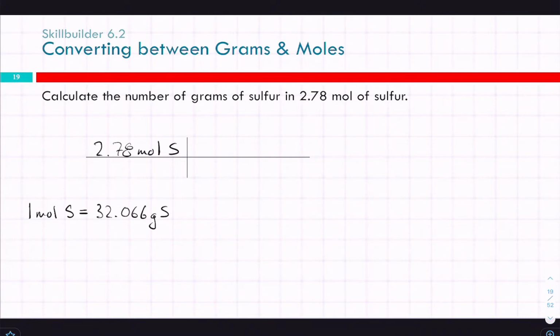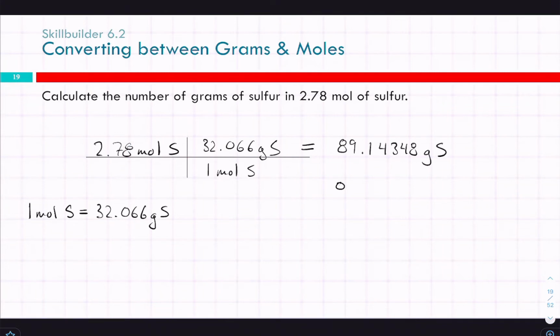So we're going to put the units that we want to cancel out on the bottom. And those will be the units that match our first number here. So that'll be 1 mole on the bottom, and then 32.066 grams of sulfur on top. So 2.78 times 32.066 is going to be 89.14348.